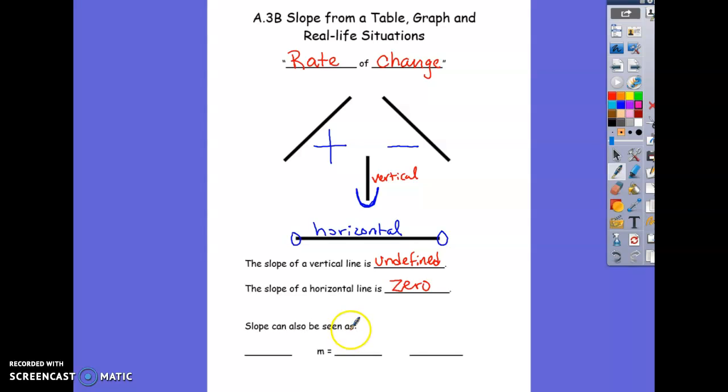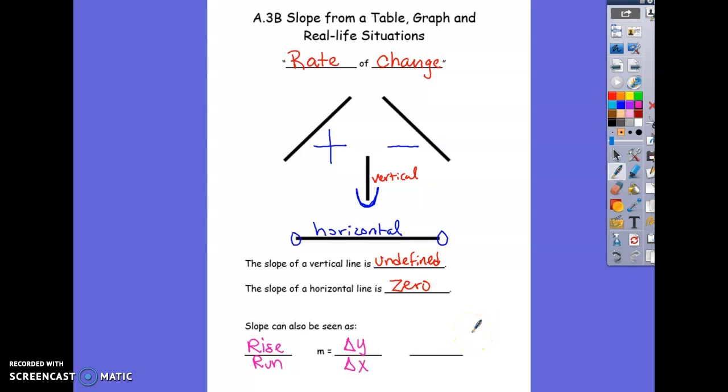So other ways that we can talk about slope. Slope can also be seen as rise over run. It could be seen as m. It could be seen as the change of y over the change of x. Okay?